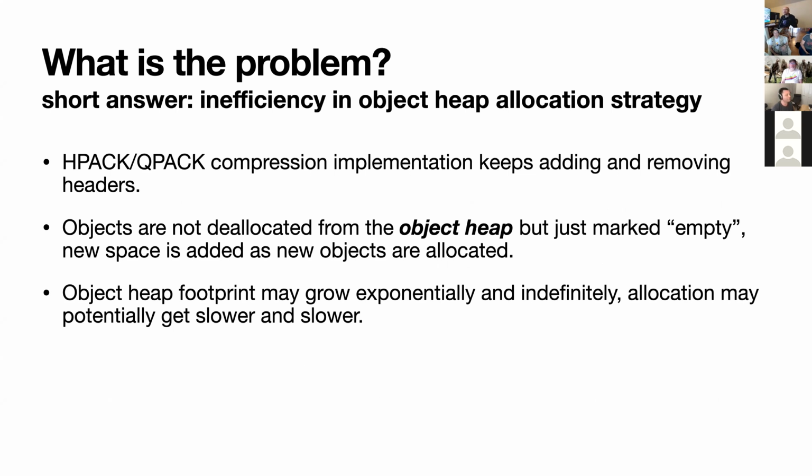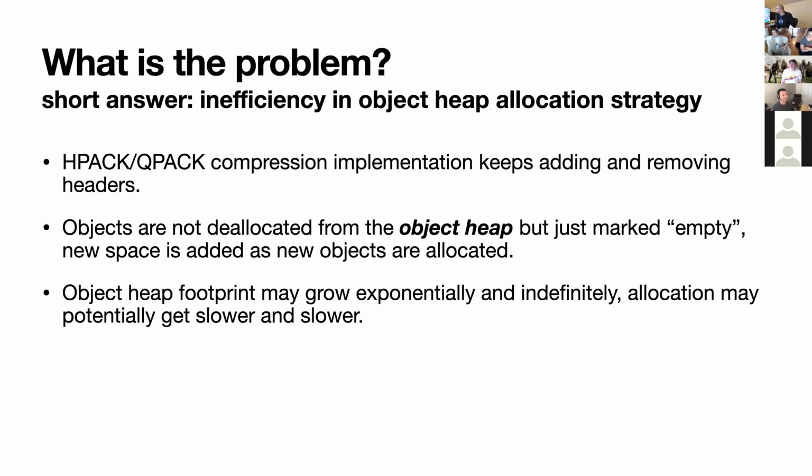Header heap inside has a linked list structure, where we add new heaps when we run out of memory. If we keep removing and adding objects, the way the header heap works is that we never actually remove objects, we just mark them empty.